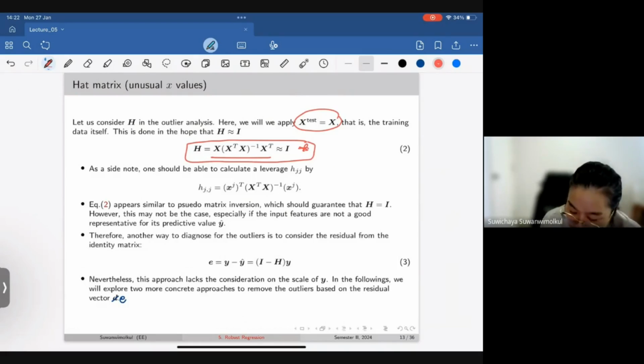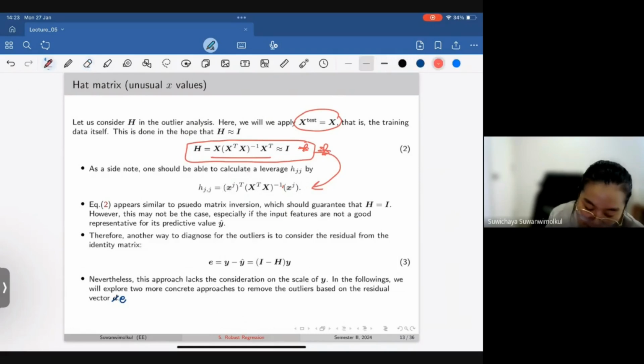Then, of course, this technique can still be used to find the leverage within itself, that is HJJ, where you can decompose H into XJ transpose multiplied with the inverse of X transpose X, and multiplied with XJ. This is another way to compute HJJ, but in this case, please note that we are considering X to be all the training data.